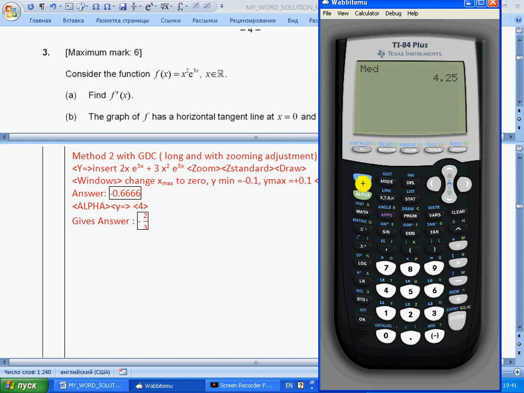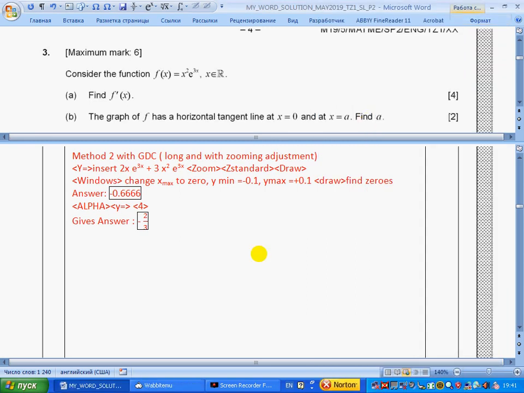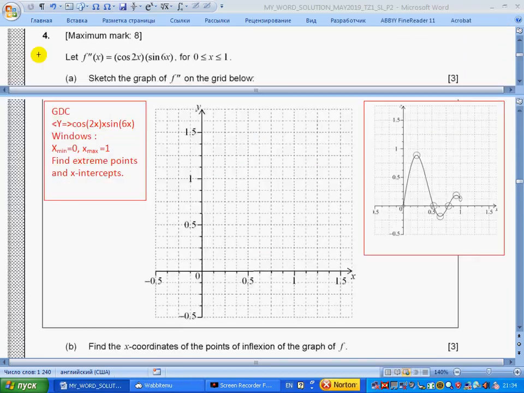Let's check that we got our answer. This is our answer. Now we go to alpha 4 and we get the fraction. Only now we have finished working with the graphing calculator. We finished question 3.